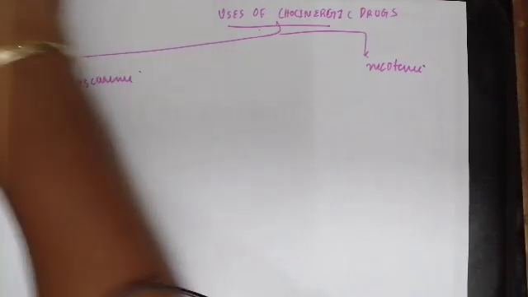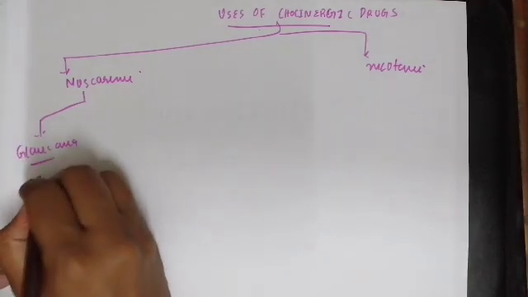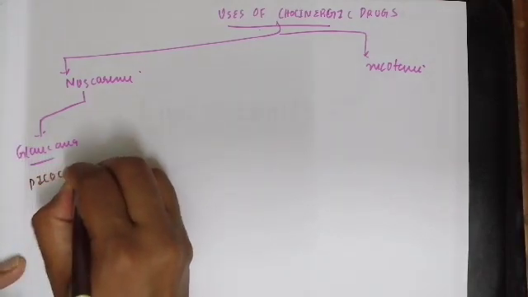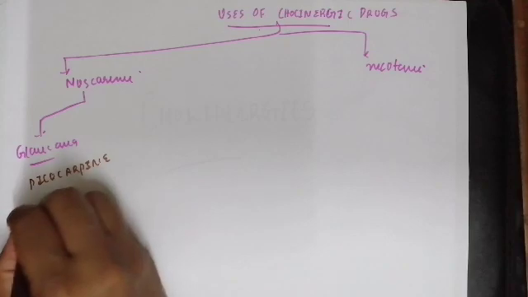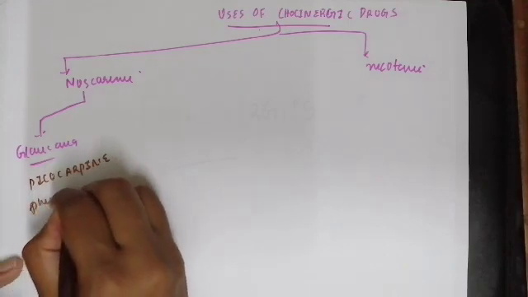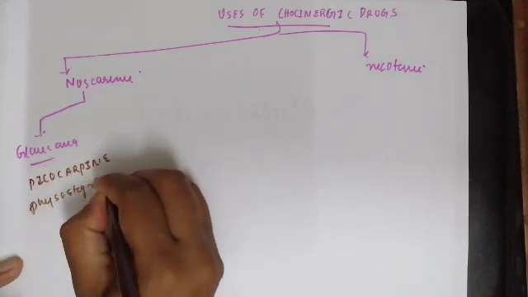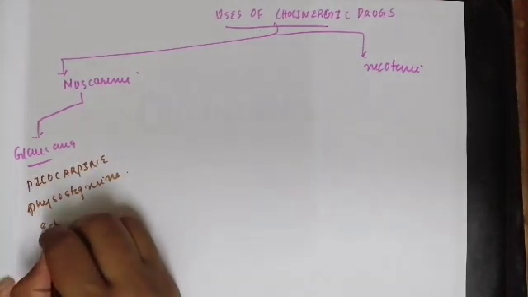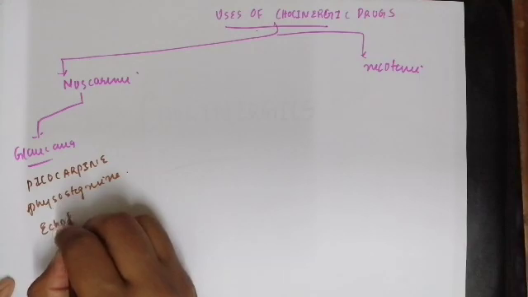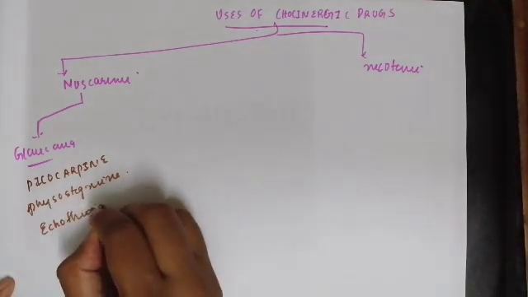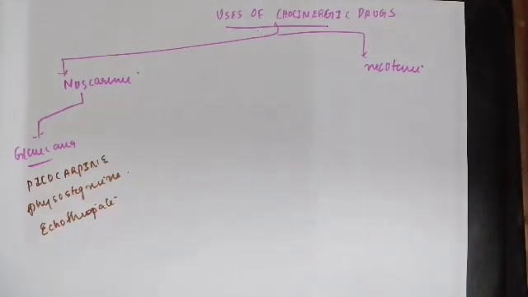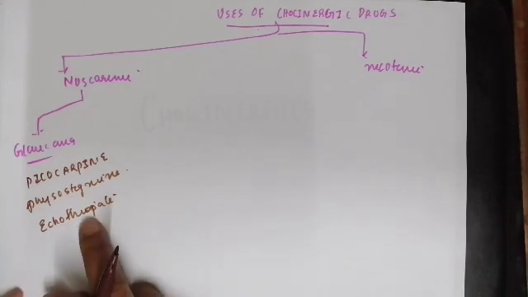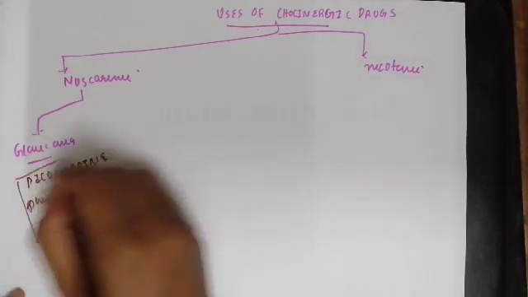We have used pilocarpine, and we also use physostigmine. And one more drug is an irreversible cholinesterase inhibitor. We have not discussed it. The only irreversible cholinesterase inhibitor which is used in therapeutic practice is ecothiopate. These are the cholinergic drugs used in treatment of glaucoma.